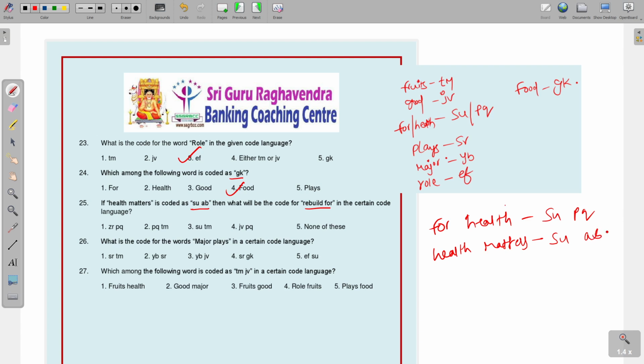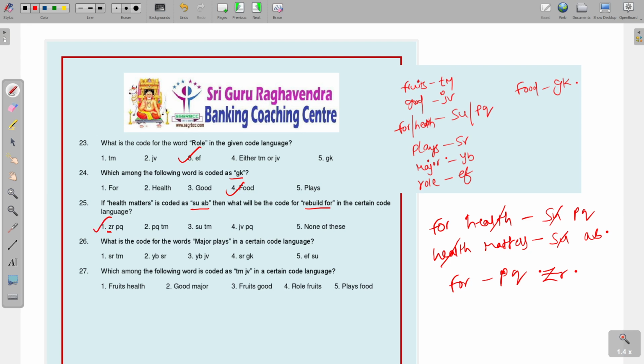Then obviously health code is SU, and the remaining for is PQ. What is the final answer here? Rebuild for. So for is PQ, and rebuild is ZR, which is not repeating anywhere. So PQ and ZR is the answer.